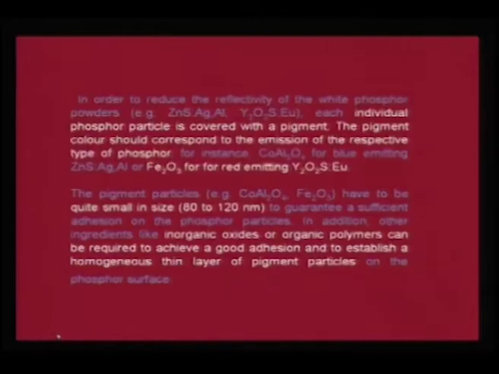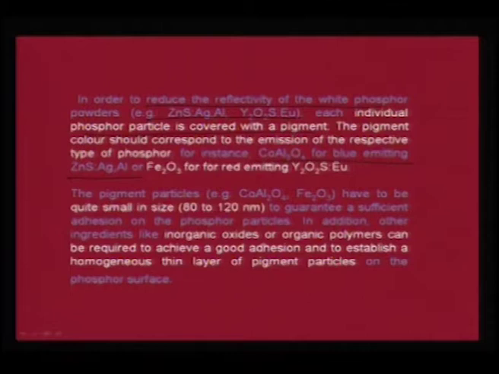so that the daylight reflectivity can be controlled when the phosphors are glowing. And in order to reduce the reflectivity of the white phosphor powders, for example, these are all candidates for white phosphor, each phosphor particle is covered with a pigment. For example, cobalt aluminate is a good pigment for blue emitting zinc sulphide, which is doped with silver and aluminum.